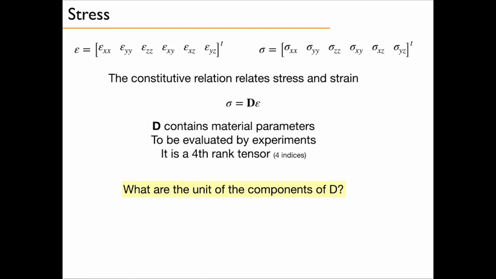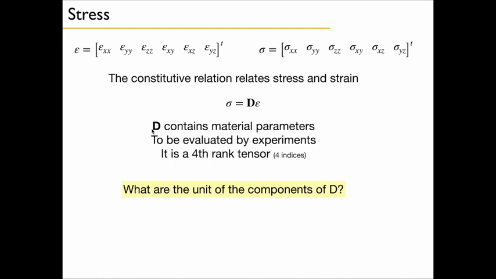And now we want to relate the stress to the strain. You know that strain has no unit, while stress has unit Pascal. There should exist an object here that will relate these two quantities. So D here will be a tensor that contains material parameters which are to be evaluated by rock deformation experiments.